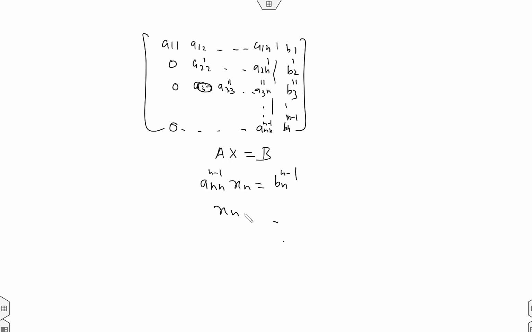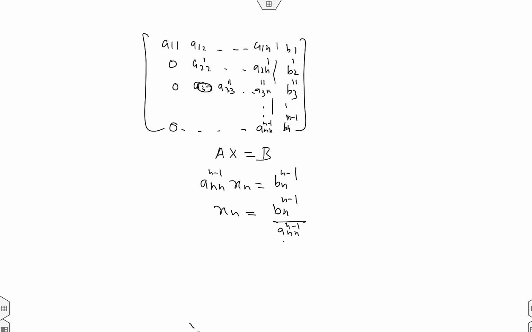So finally the value of xn is coming out to be Bn upon Ann. Here n minus 1 means whatever change occurs after following the first, second, third, and n minus 1 steps or n minus 1 row operations.